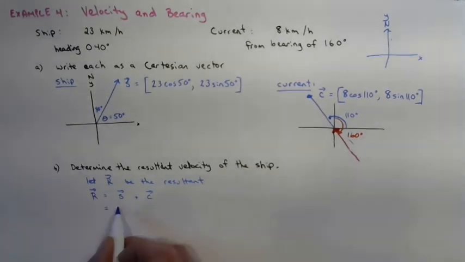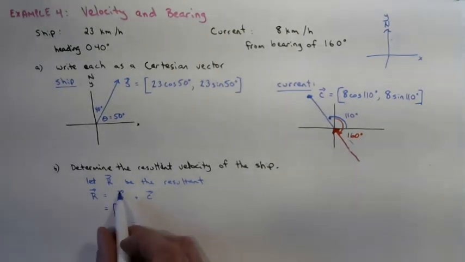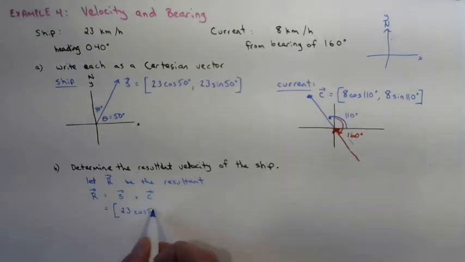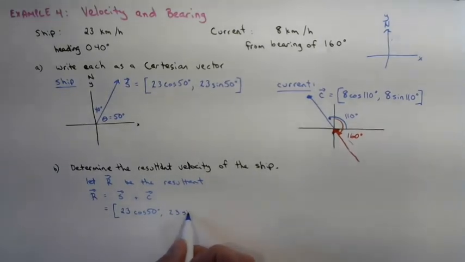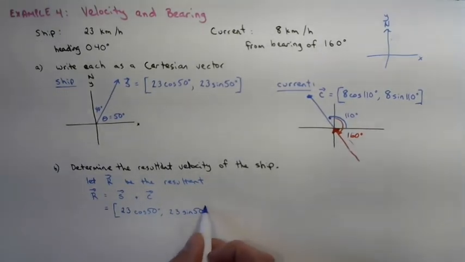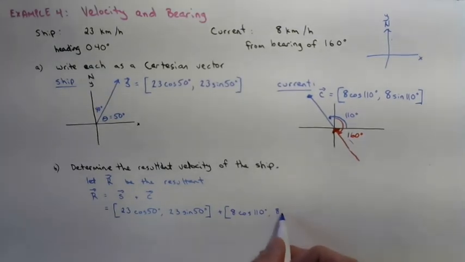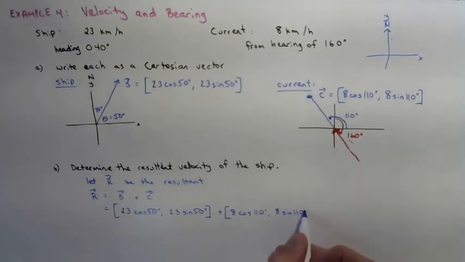Well, let's take our two vectors that we've already expressed. We have the vector s, which is 23 cos 50, comma 23 sine 50. And we're going to add vector c, which is 8 cos 110, comma 8 sine 110.